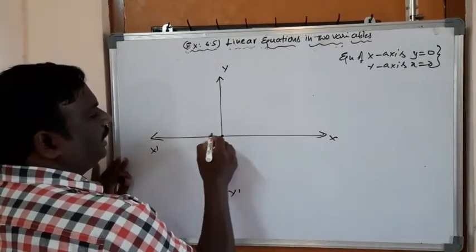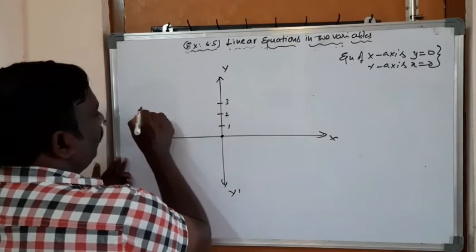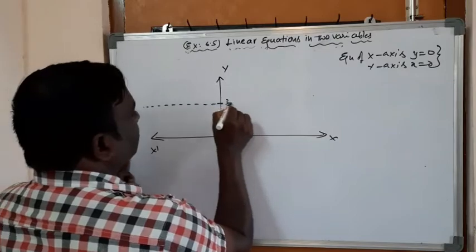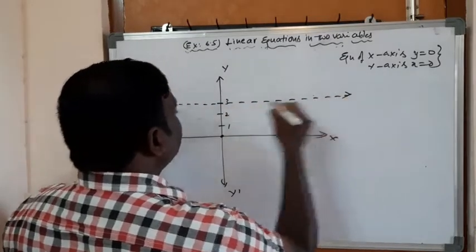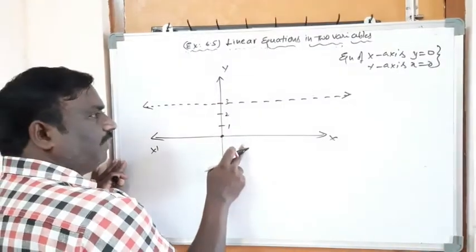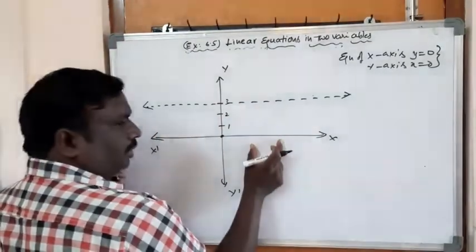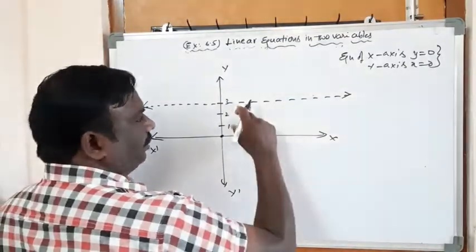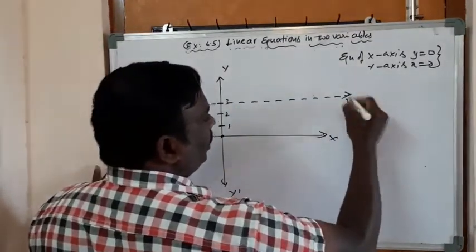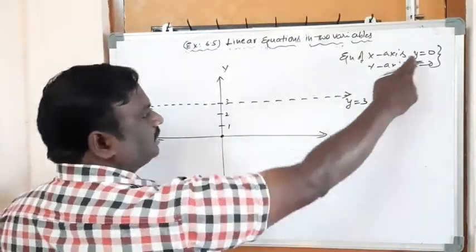Suppose our line is here, at 1, 2, 3, which is parallel to x-axis. How many units distance? 3 units distance. That's why the equation of a line which is parallel to x-axis, and is 3 units from the x-axis, is y equal to 3. The equation of x-axis itself is y equal to 0, as already said here.